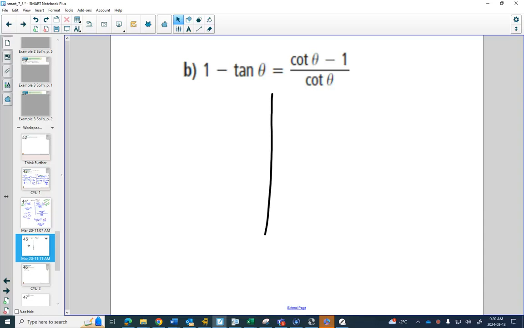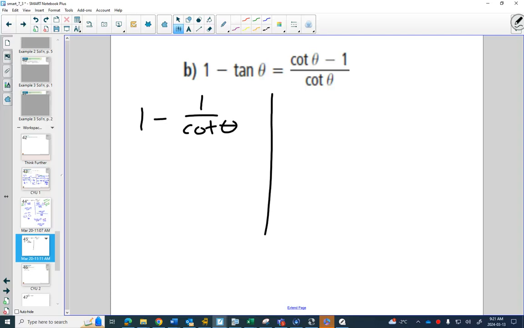So the idea of the change to sine and cosine strategy is helpful because it allows you to change things to only 2 trig functions, sine theta and cos theta. However, in this question, I could have changed tan. Look at this, I can change tangent to 1 over cotangent, and now I only have 1 trig function in the whole proof.